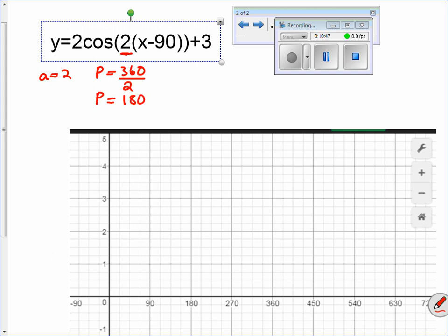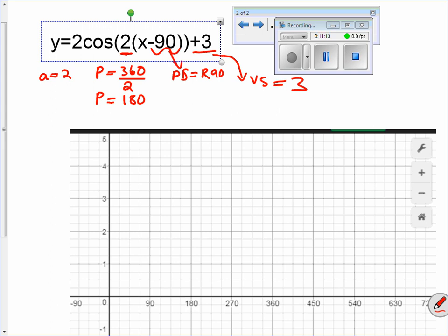Now, this part here tells us that the horizontal shift or phase shift is going to be right 90 degrees. This portion here will tell us that our vertical shift is equal to 3.